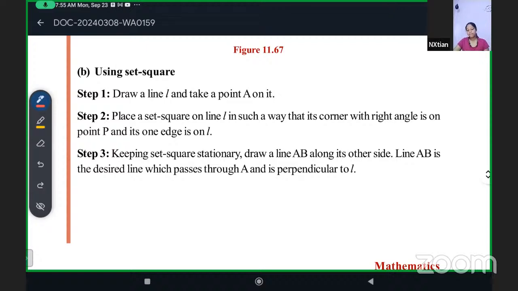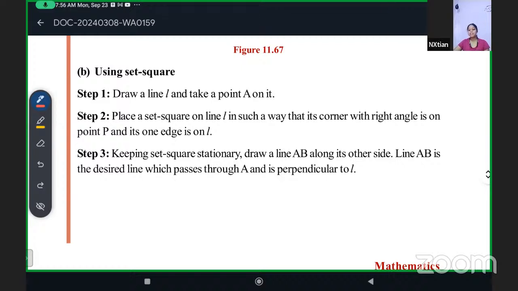Name it L. Yes. Okay, so now draw a line and name it L. Okay.